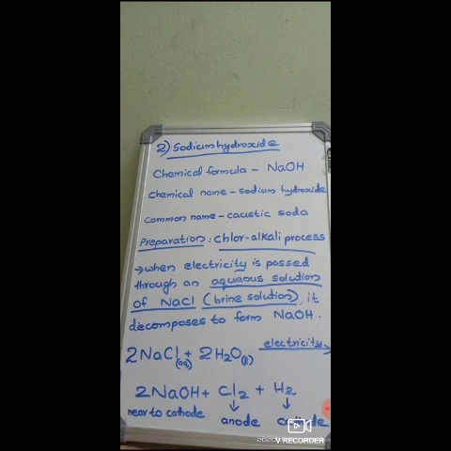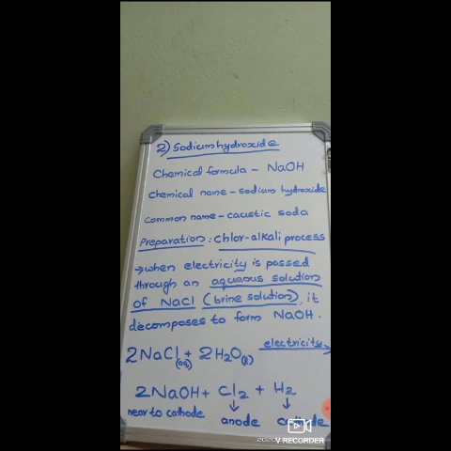I told you this reaction occurs in the presence of electricity. That means we are doing this in an electrolytic cell. What is the specialty of an electrolytic cell? An electrolytic cell contains two electrodes.